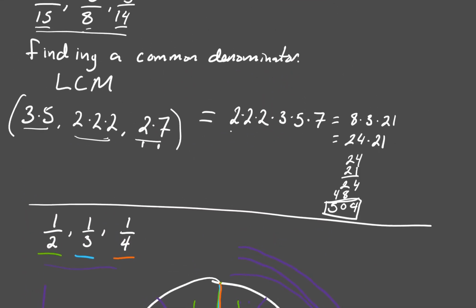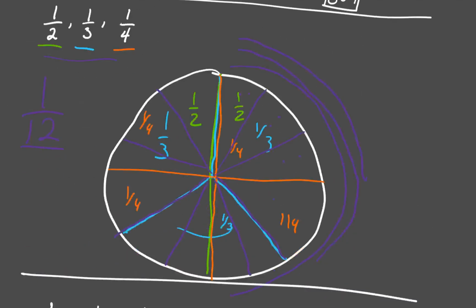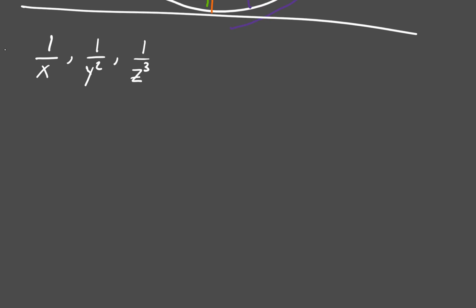We factored the numbers out, we got these different factors, and then I put them back together so that the end number was divisible by each of those 3 things. So here I want to do the same thing. I want to factor this out. It's already factored out, it's an x. This has y times y. That's already factored out. This is already factored out as z times z times z.